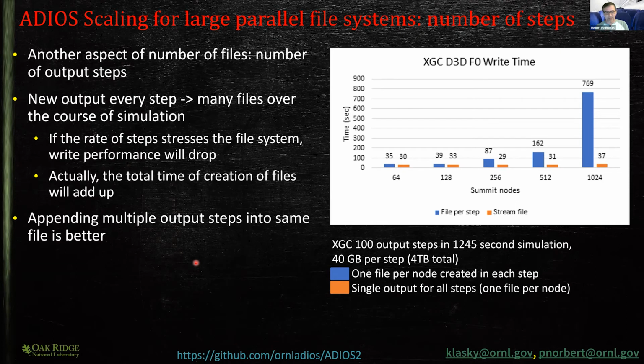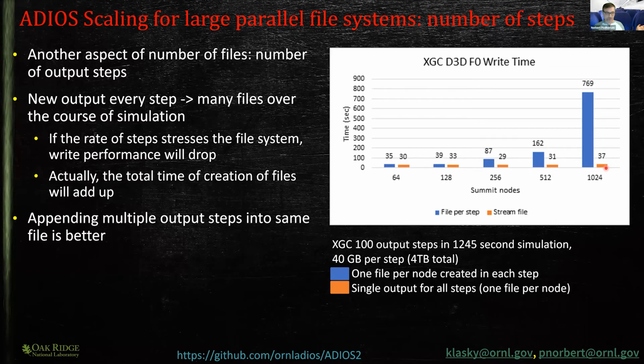And it becomes immediately obvious that as you go to 1,000 nodes, creating a data set to do fast I/O, which involves 1,000 subfiles, so it's a BP directory with 1,000 subfiles, takes around 7-8 seconds, with variability of 1 to 10 seconds. But on average, it spends 769 seconds to write 100 steps of this data, of which, if we just created it once, it's 37 seconds. So the write time is about 30 seconds, and the rest is just creating files.